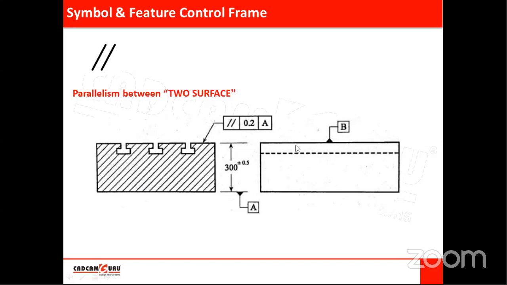Now, we are expecting parallelism between these two surfaces. Here, the feature control frame is attached to this top surface B. It means we are expecting parallelism of this surface with respect to this one. This surface is the feature under consideration and this is the datum feature.